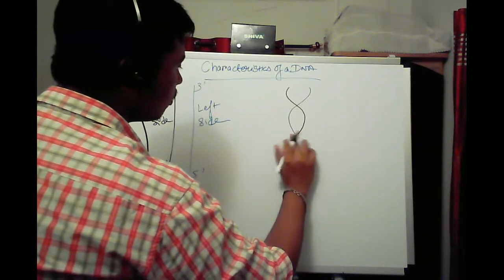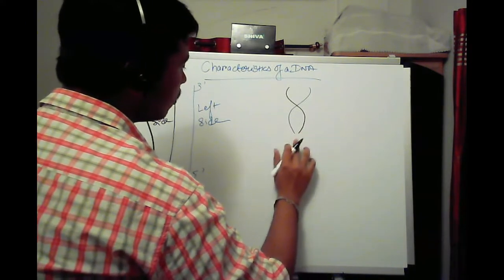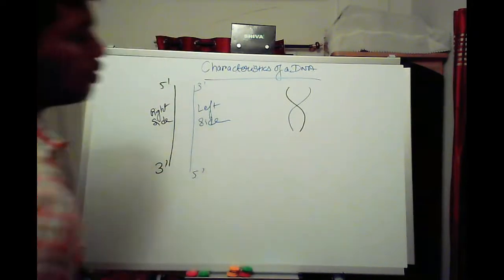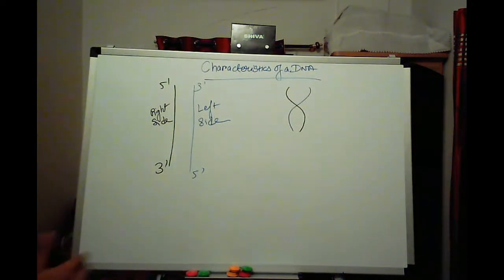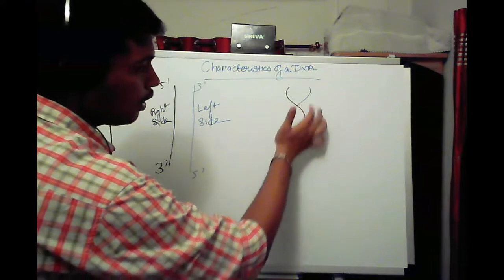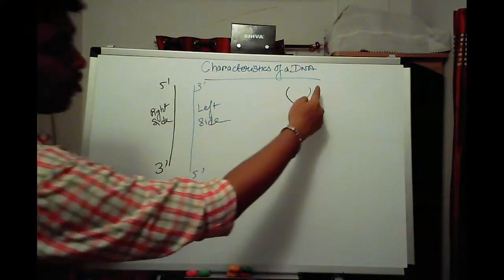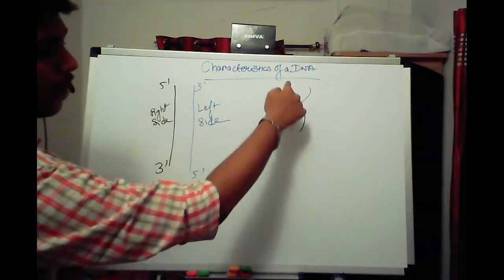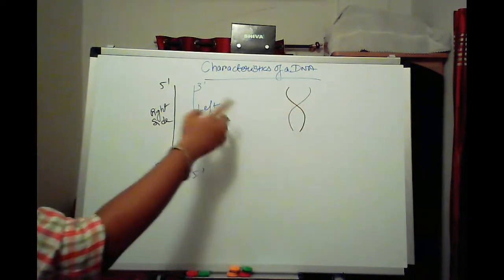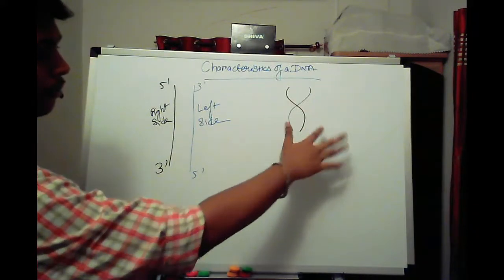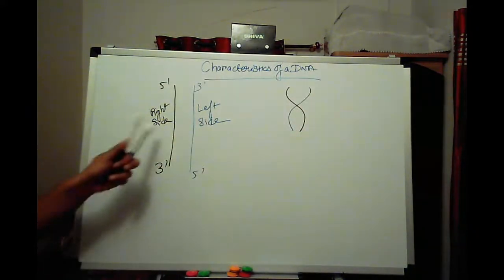That's one single turn I'm talking about. See how the right side has come in front and the left side has receded back. Look over here, the blue one was drawn first and the black one is overlapping the blue. So we can say that the left side has gone back and the right side has come in front. You can use this as a reference, right side, left side.